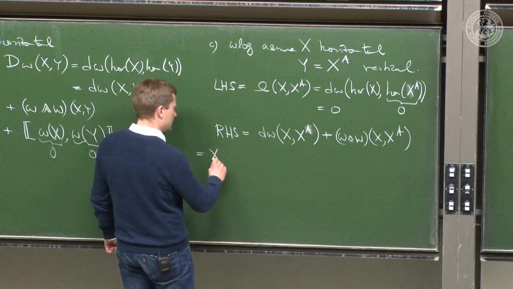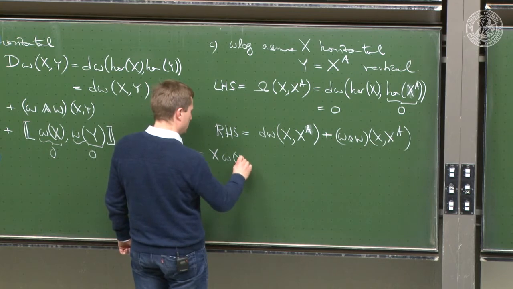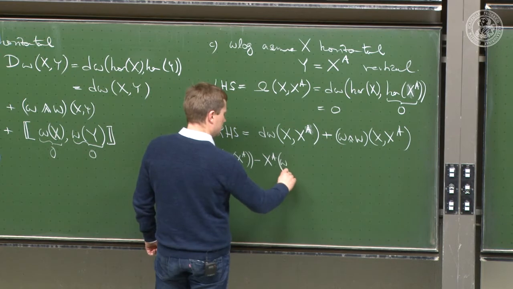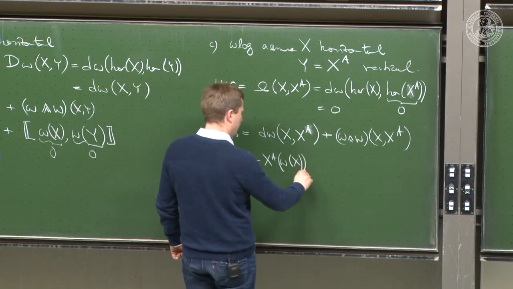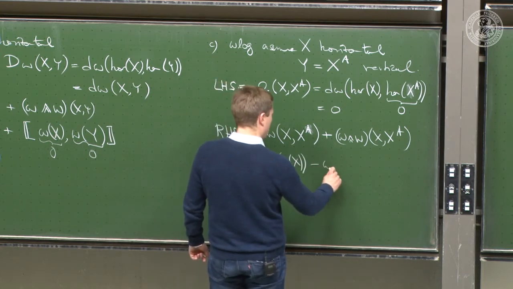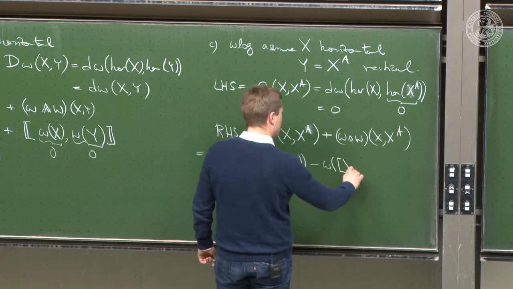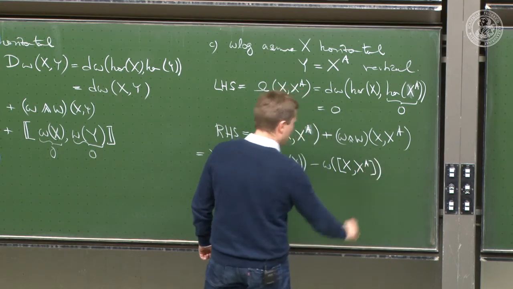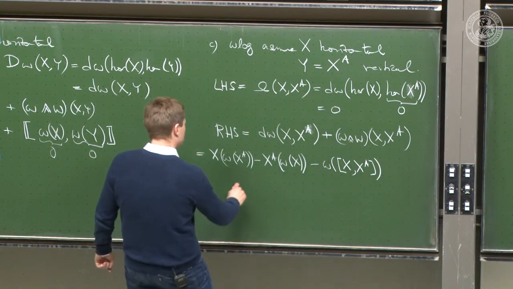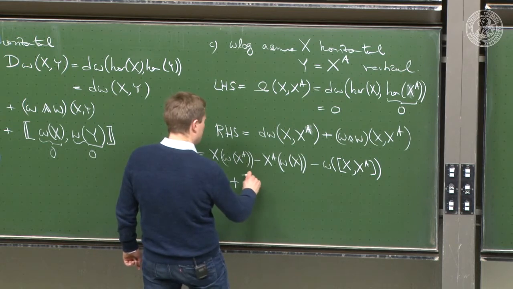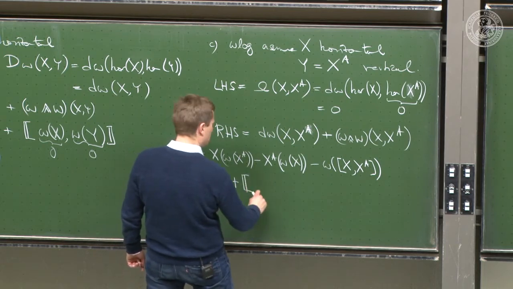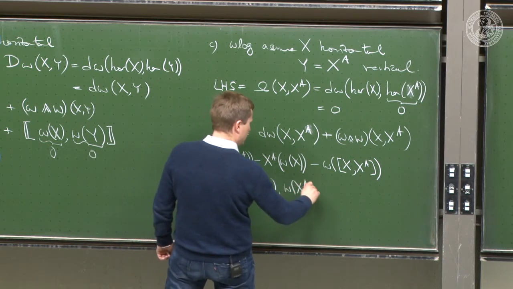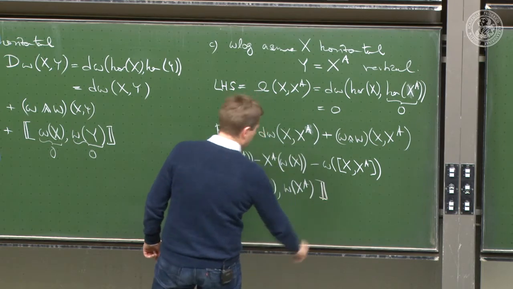So it's x acting on omega on xa minus xa acting on omega on x minus omega acting on the commutator of x with xa, the differential geometric commutator, plus the Lie algebra commutator of omega of the horizontal vector field and omega of the vertical vector field.